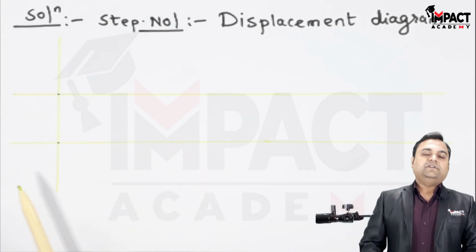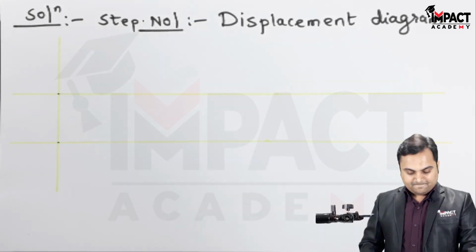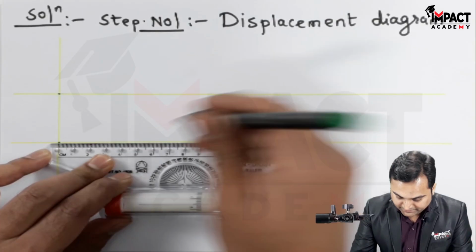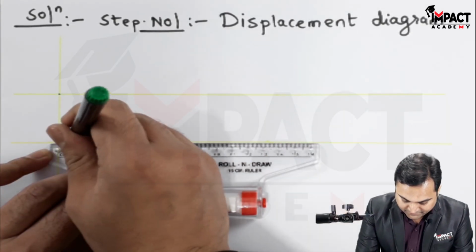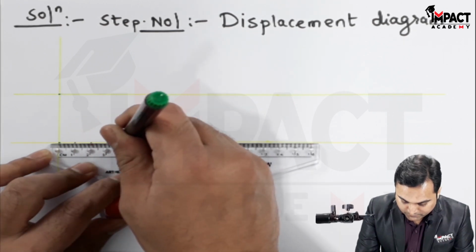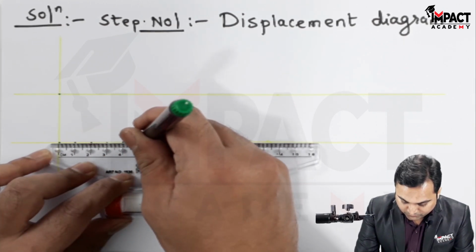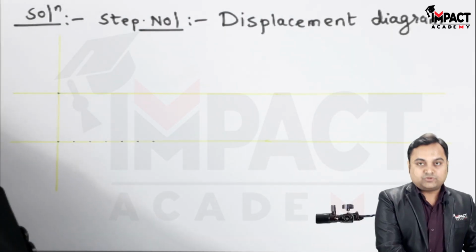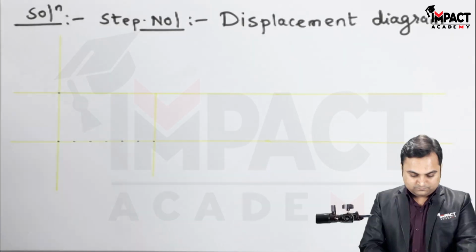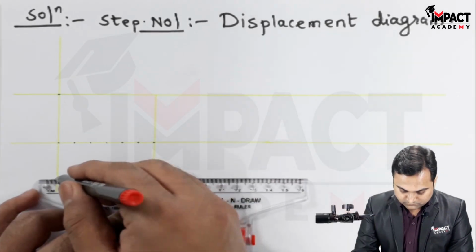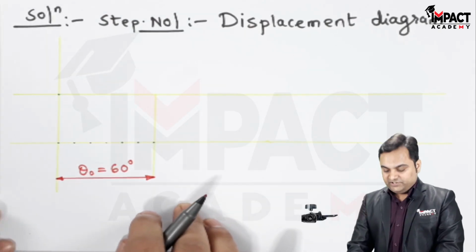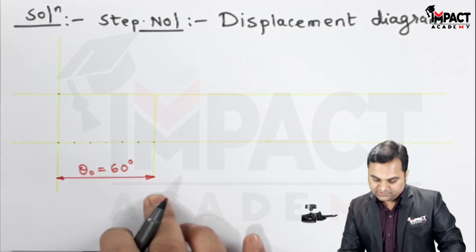That is 1 centimeter will indicate 10 degree. Since it is 60 degree, I'll take it as 6 centimeter and then dividing it into 6 equal divisions. So the outstroke of 60 degree has been shown as a linear distance.